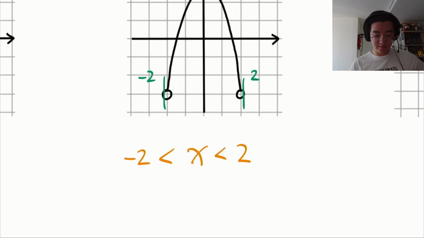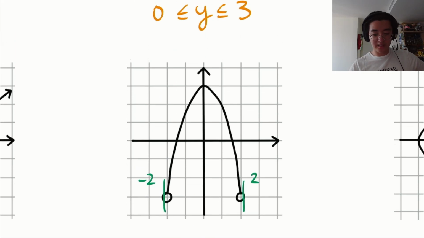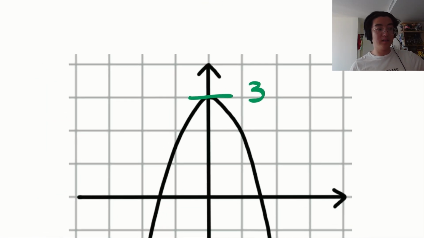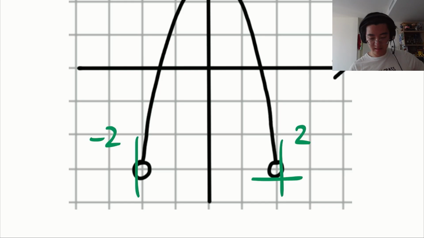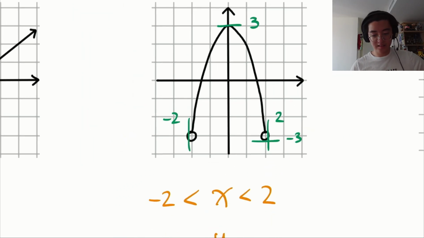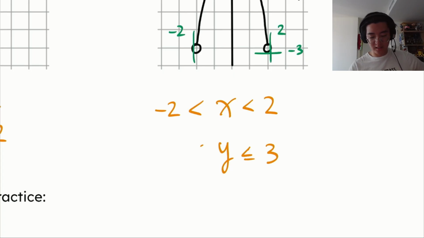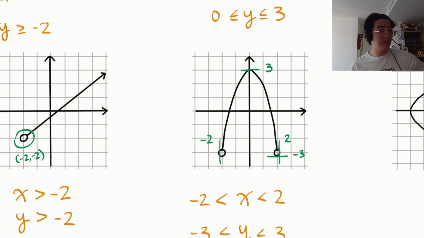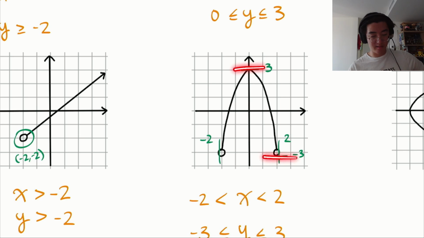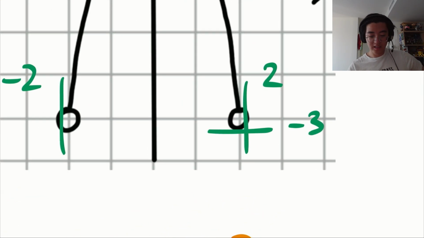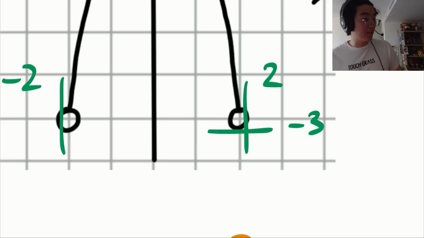And with a range, it's even more tricky, because we know there's no hollow dot here. So we assume that the line will get to this point of y equals 3. But down here, at -3, let's jot it down here. So it's sandwiched between 3 and -3. This is the highest point, that's the lowest point. But we notice here -3 is actually not one of the points.